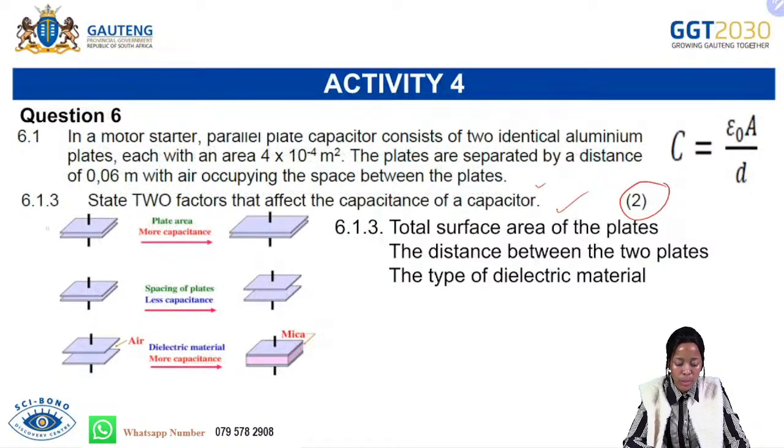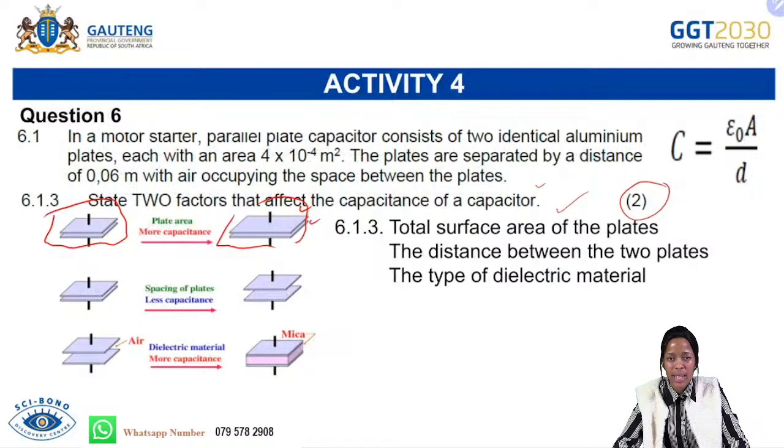When it comes to the area of this one as opposed to this one, this one has a bigger plate area. If it has a bigger plate area, then we'll have more capacitance. But you're not expected to explain further on those questions because they're just saying that you need to state the 2 factors.